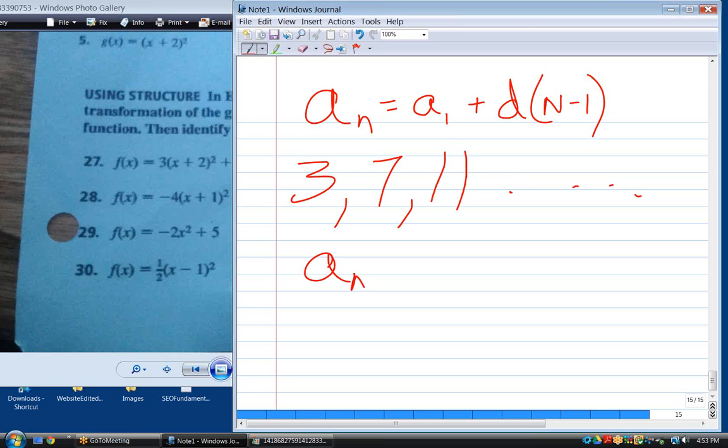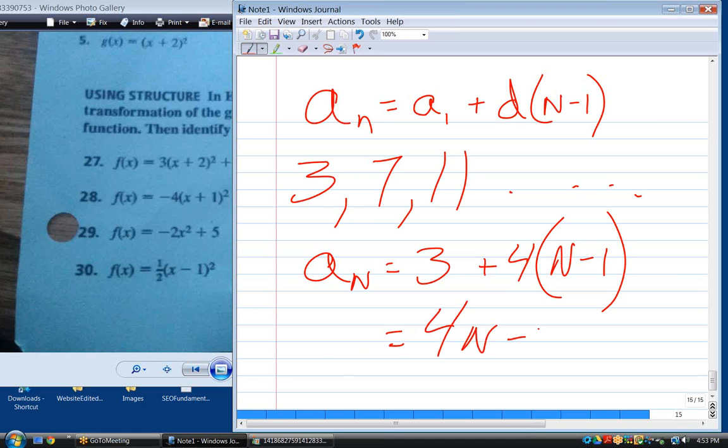So you would plug 3 in for a sub 1, then 4 in for d, and so it'd be 4n minus 1.